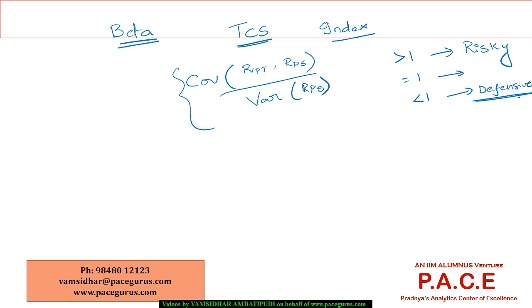So I can very well estimate the beta of any of the securities in this particular manner. Once I know the risk, I'll have the mechanism to assess what should be the expected return of this security given the risk associated with it. So we have directly used the risk premium instead of the return.